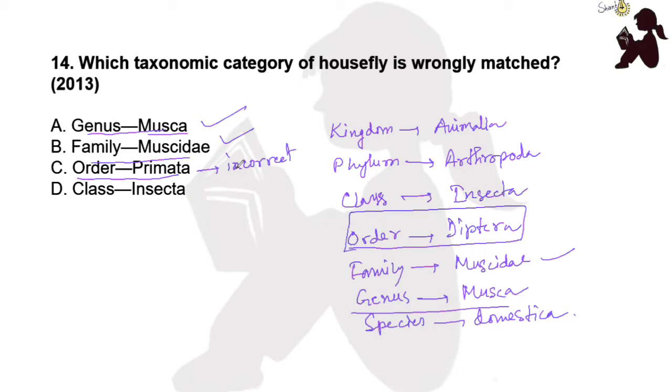Okay, so this is incorrect statement, and the class Insecta is also true statement. So as the question asks for the incorrect one, so here the correct answer will be the option C. Okay, this order Primata is the correct answer. Now let's move forward to the next question.